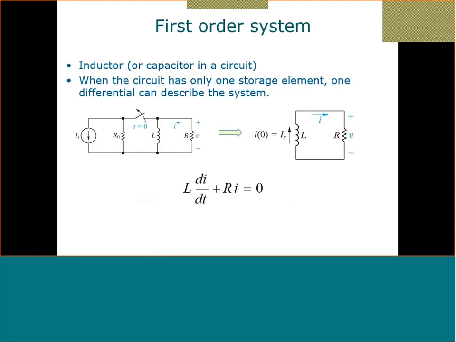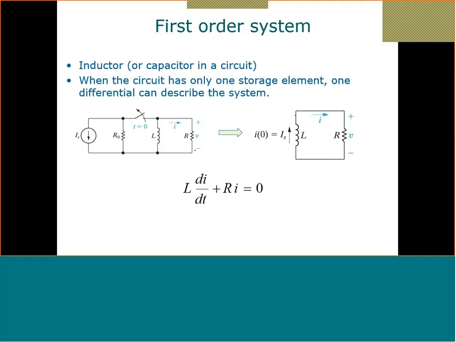First order systems. Again, in circuits, you worked with first order systems. So for example, if we have an inductor or a capacitor, and I come here and open the switch, and I want to represent this system by a first order differential equation. I think you used the step-by-step method to solve this, but later on you realized that we can solve the differential equation directly.